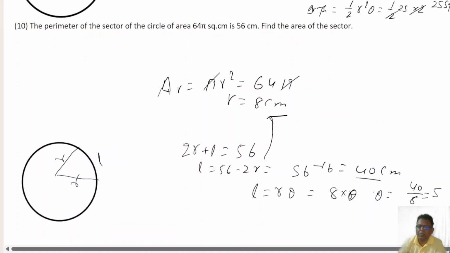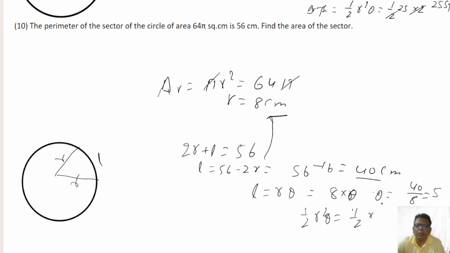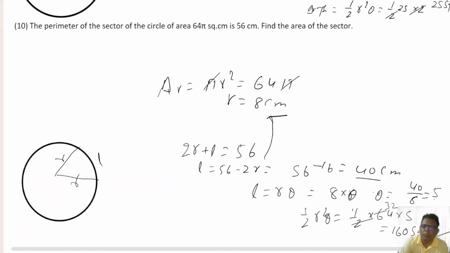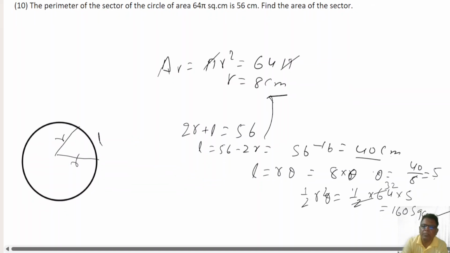So the area of the sector is half r square theta. What is r? R is 8, so half into 64 into 5 radian. That is 32 into 5, which is equal to 160 square centimeter. Thank you. Now next we'll solve all the miscellaneous questions.